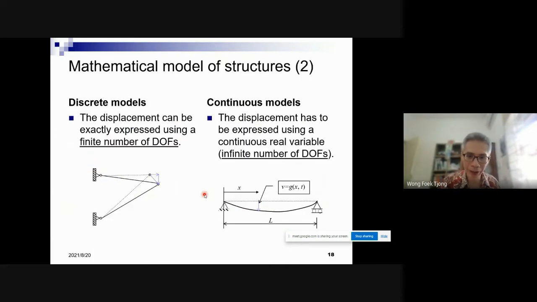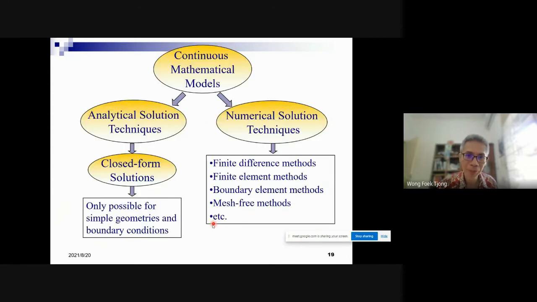Our finite element method is, in general, directed towards the solution of continuous models. To solve a continuous model, we have two ways. First, using analytical solution techniques. Second, using numerical solution techniques.